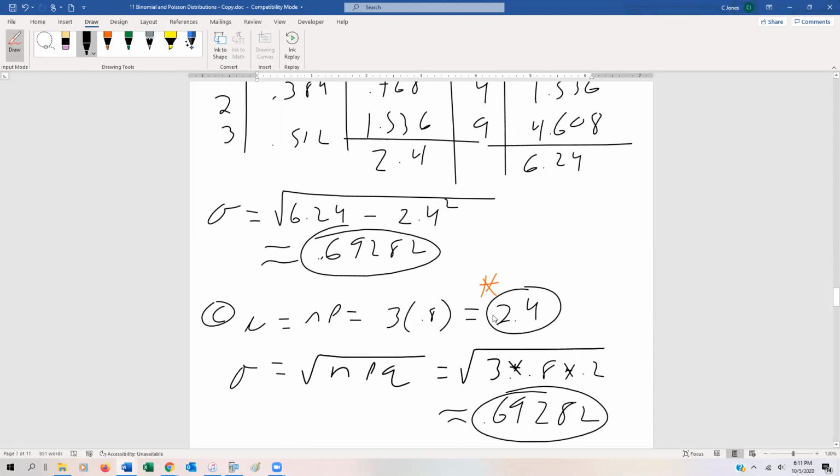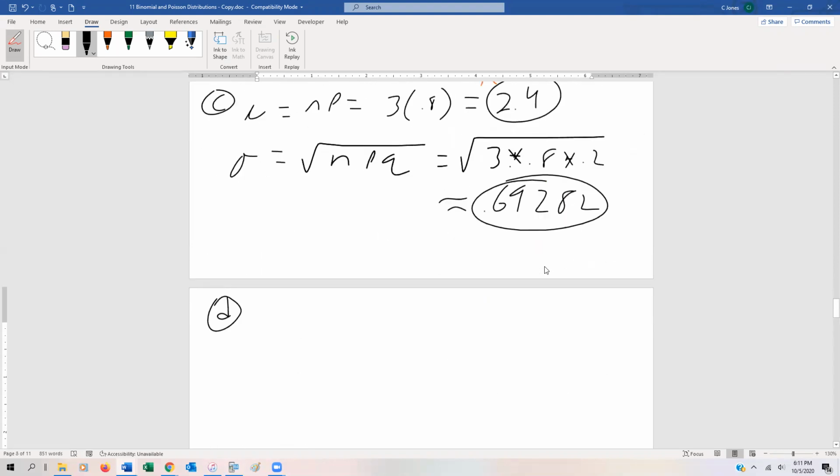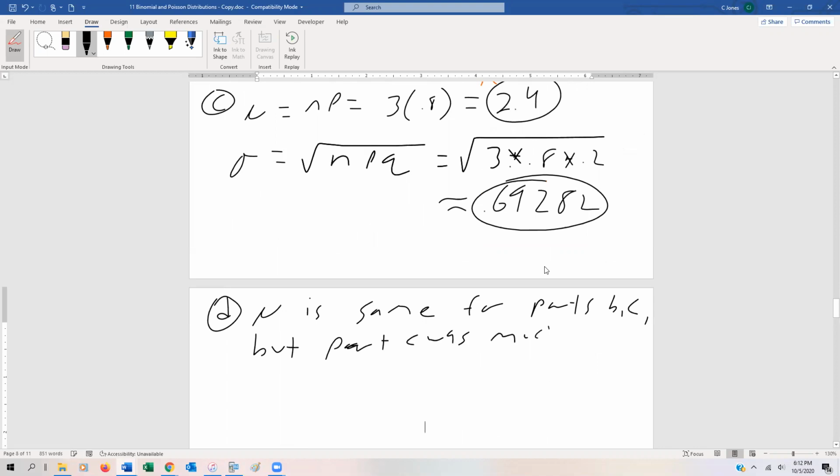In fact, we didn't even have to do the combinations or anything like that to get there. All right, so mu is the same for parts B and C, but part C was much easier.